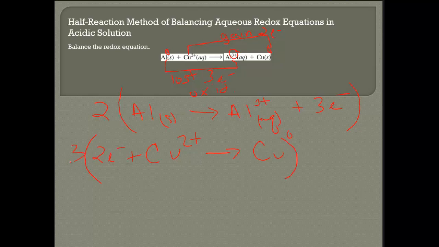So we have 2 aluminum yields 2 Al3 plus and 6 electrons. And then with the copper, we have 3 Cu2 plus and 6 electrons yields 3 Cu solids.